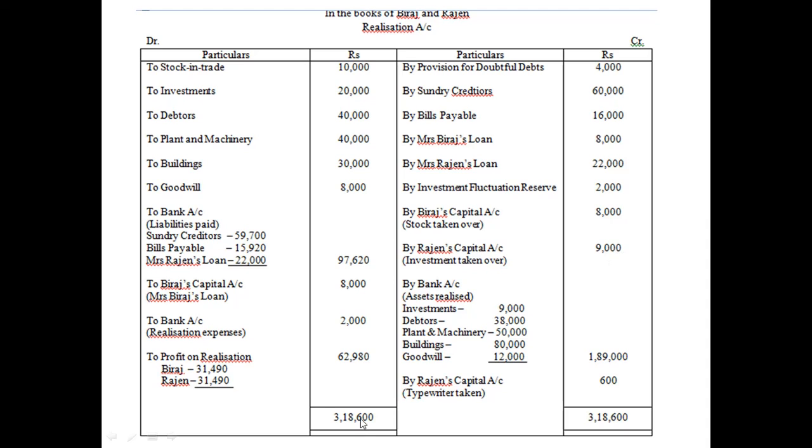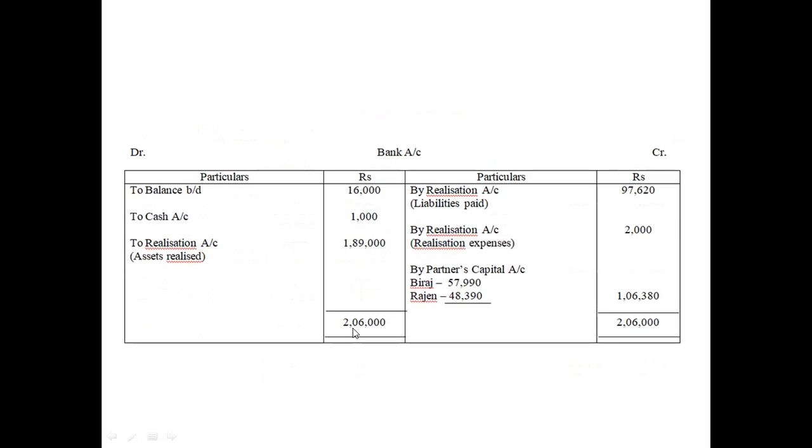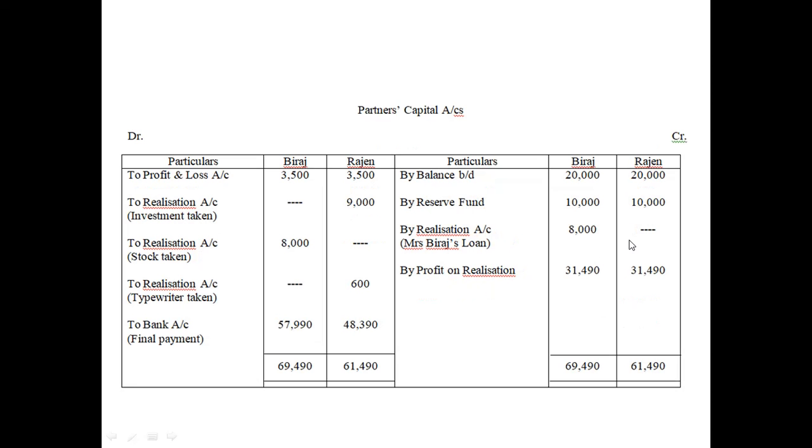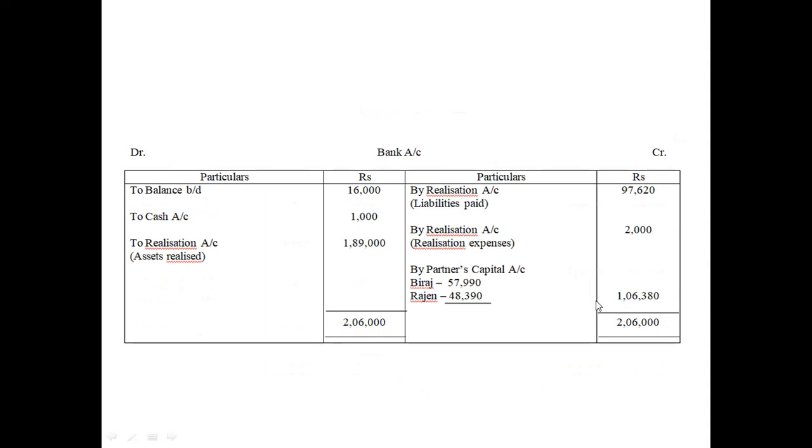You can see here, 2,000 payment for realization expenses. Then after that, we have the final payment to partners. Now put these two amounts out there, and the total will be 106,380. Now the total of balance sheet, this bank account should match together. So the total will be 2,06,000.